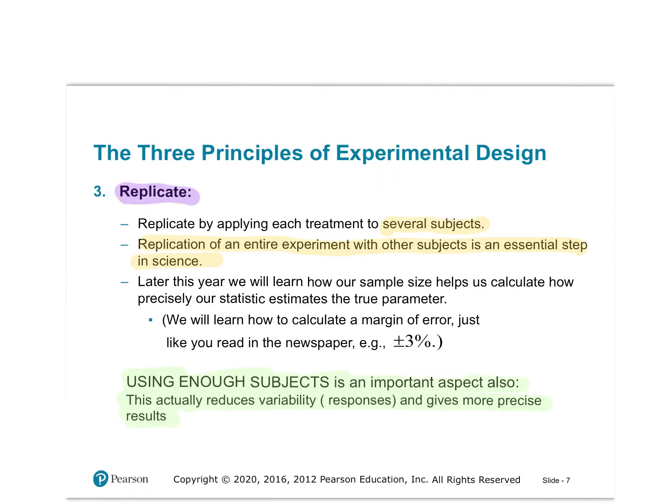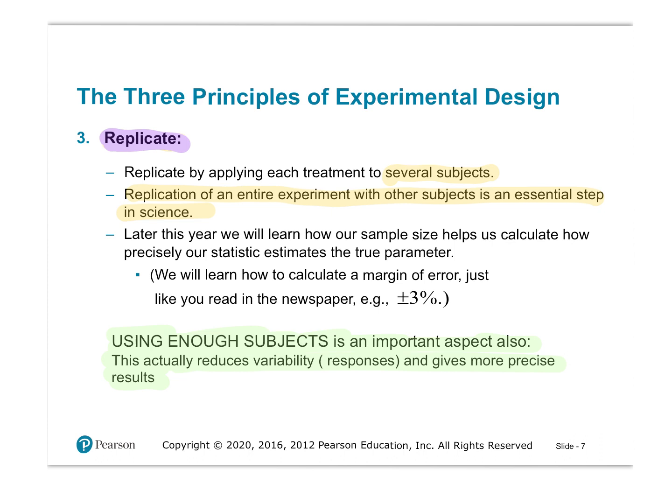Okay? All right, the third one is that you need to be able to replicate the particular experiment also. What that's telling us, first of all, if you notice, it says replicate by applying each treatment to several subjects. Obviously, you have to have enough subjects in each treatment group.